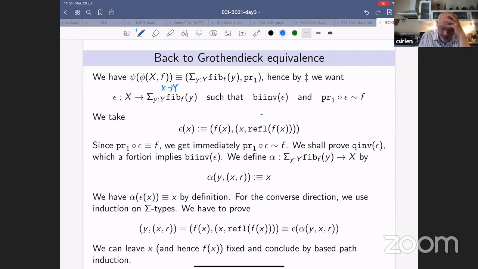And then an element in the fiber is easy.